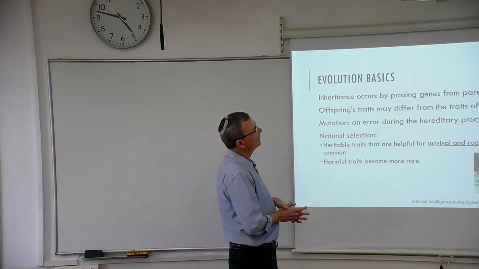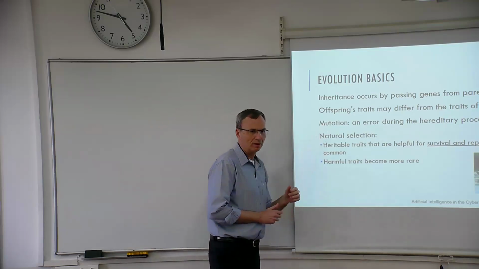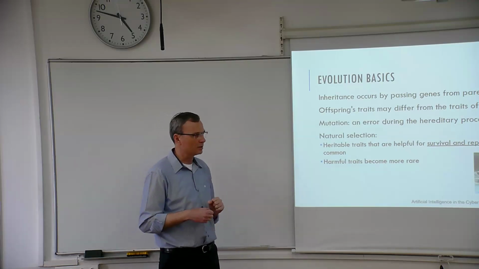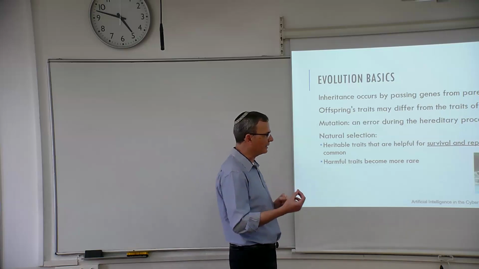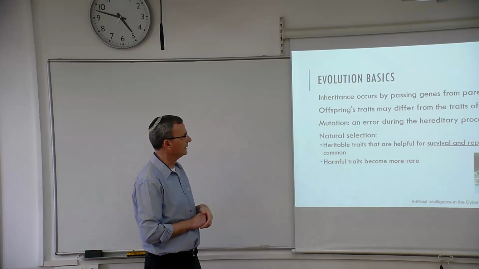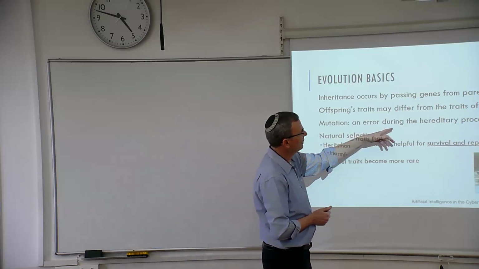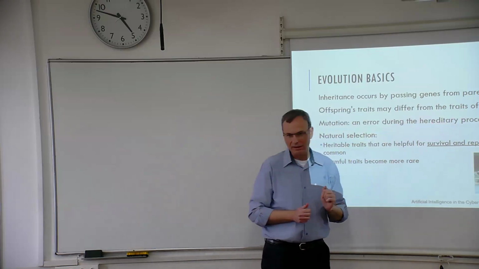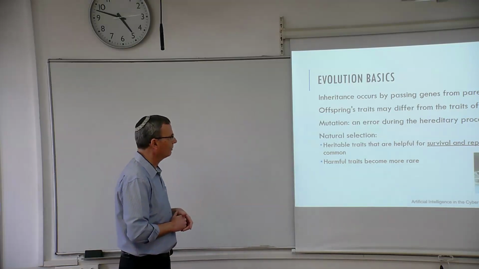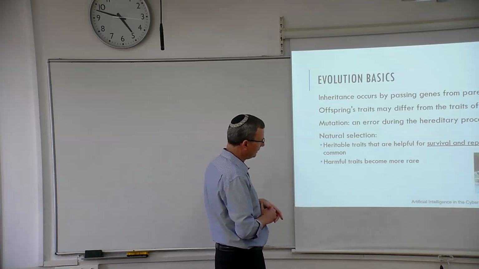There is also the notion of mutation. I'm talking about genetic mutation, not what they call somatic mutation inside a person's body, but mutation during inheritance. It's an error during the hereditary process, okay? The genes are combined, but there is some kind of a mistake or an error there.